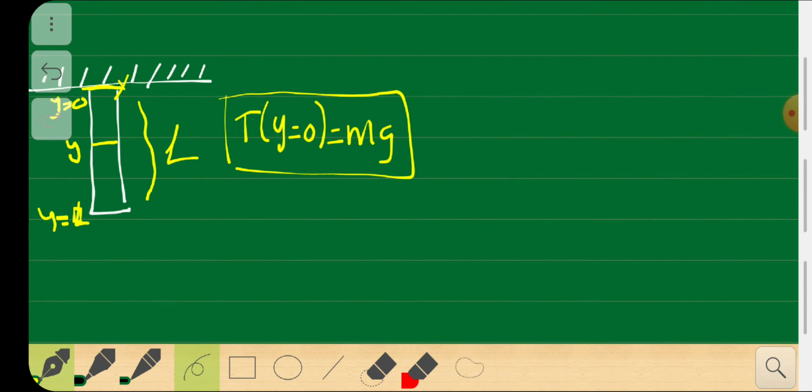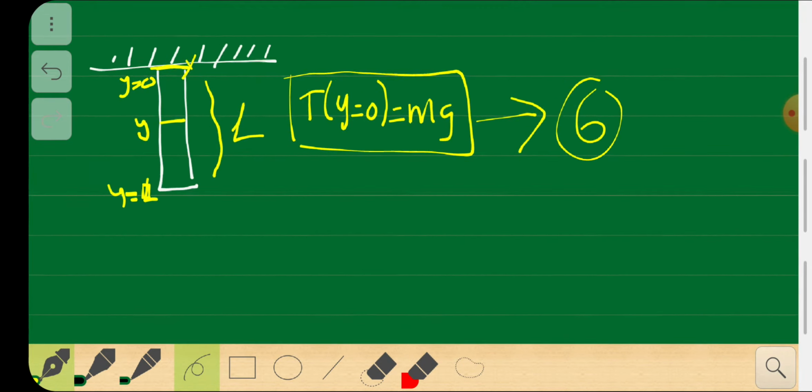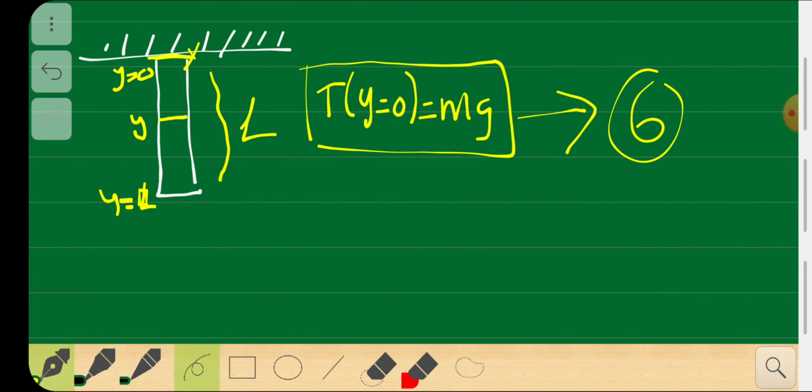So let's call this equation 6, okay, for reference. Now at an arbitrary point y, we can write down the equation of motion here. The force under the influence of gravity is m1g, which is m1a.